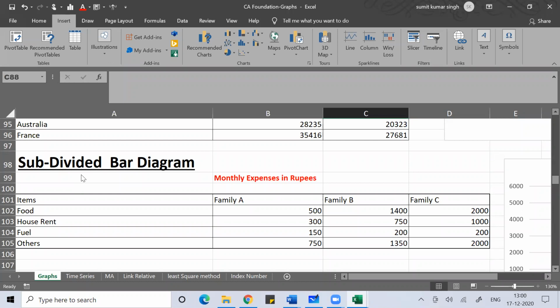So we'll do this much in this class. We'll continue our discussion from the subdivided bar diagram in the next class. I hope you have understood what I have covered in this class. If you want to ask anything, please ask me now before I wind up the class.